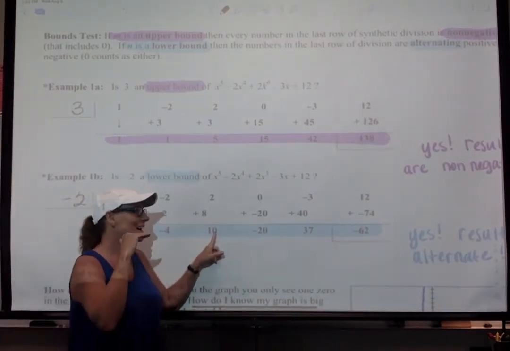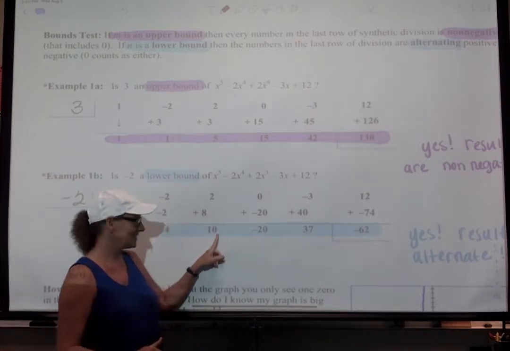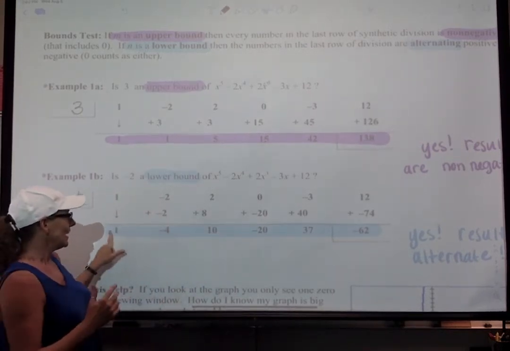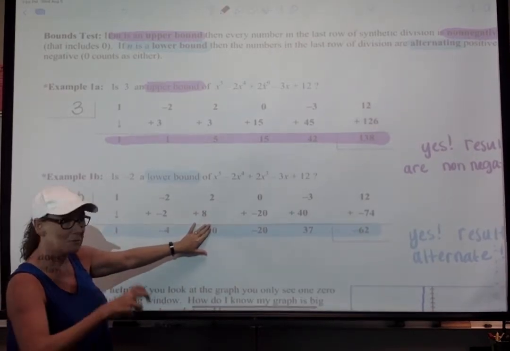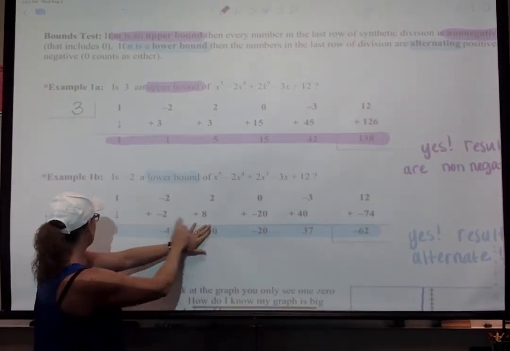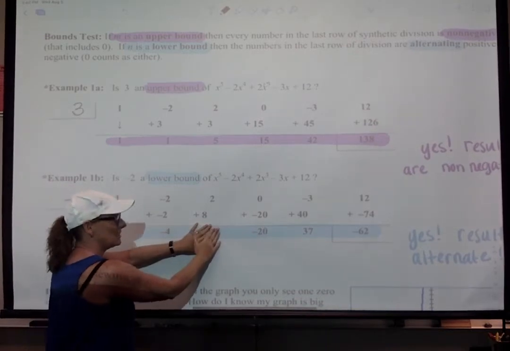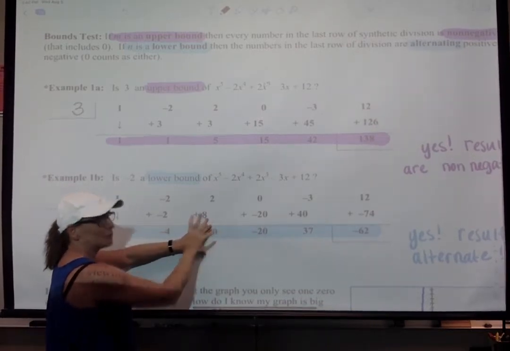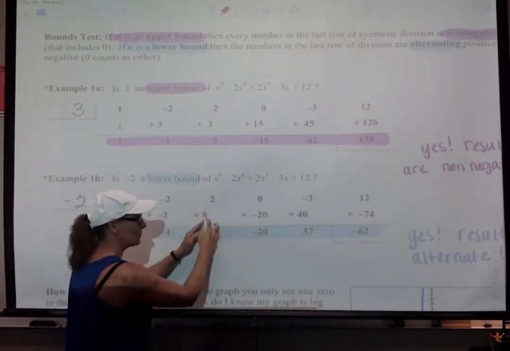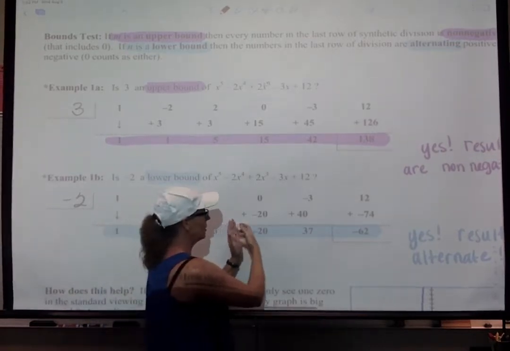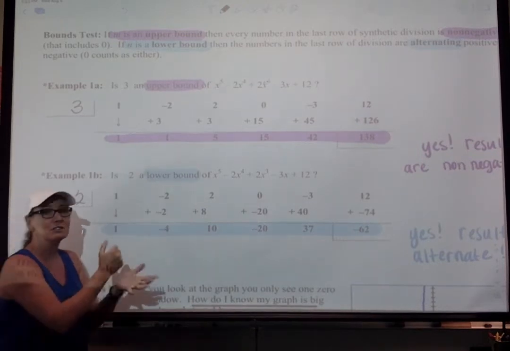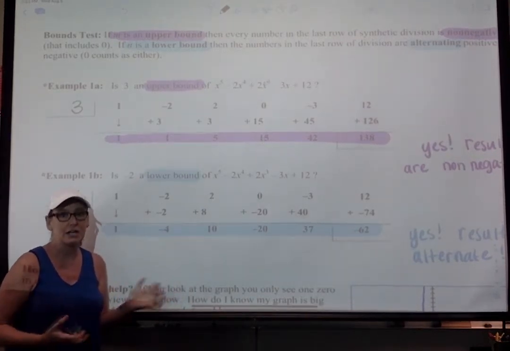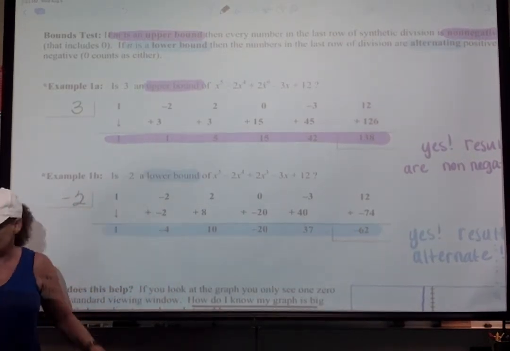When you're doing a lower bounds test, anytime you have a 0, it can be what you want it to be. So if this were a 0, positive, negative, I would want to say this was positive, and for this test only, we would be able to count that 0 as a positive because it keeps going negative, positive, and so on. Okay, I can put 0 into whichever category I want to pass my test.